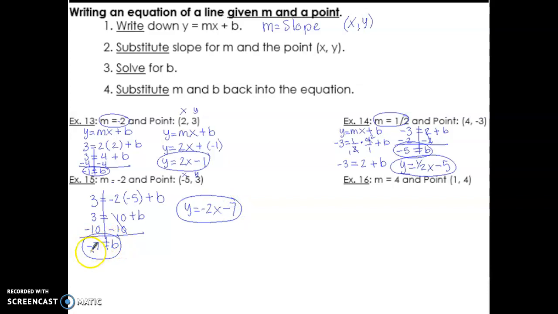If our b was a positive number, this would remain a plus sign. But because all of our b's have been negatives, -1, -7, and over here was -5, this plus sign turned into a negative sign for all of them. Go ahead and try the rest on your own.